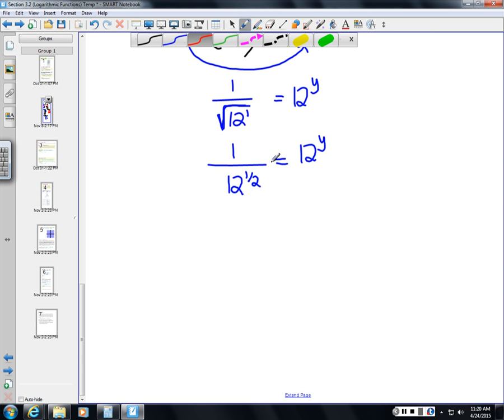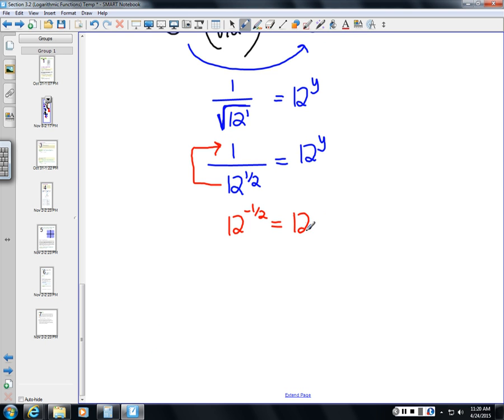We have to get these to be the exact same base. Well, one's a fraction and one's not, but we can take this denominator and move it up to the numerator, as long as you remember to change the exponent to a negative sign. So now that the bases are equal, we can see that the exponents themselves will also be equal, so your answer here is y equals negative 1/2.